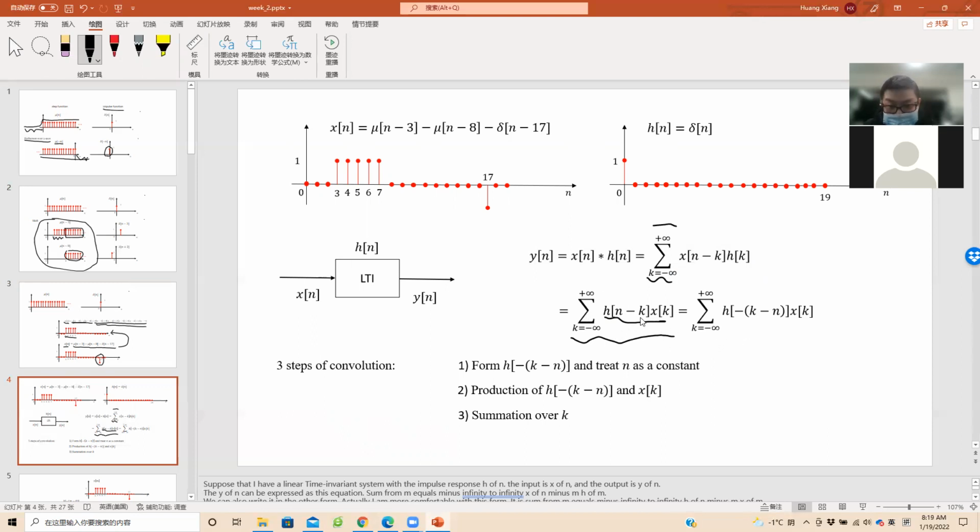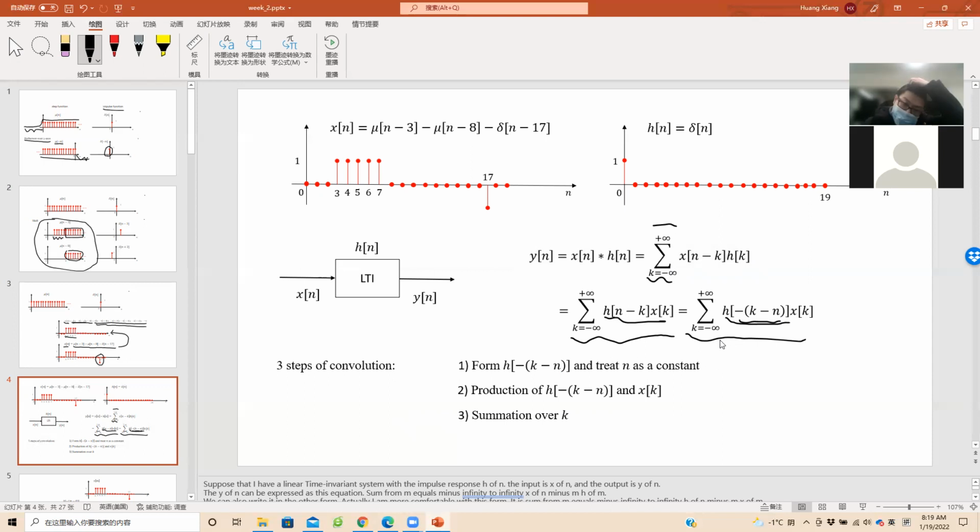And then we can write this n minus k as this way, minus k minus n. You can see they are the same. According to this final equation, we can find 3 steps of convolution.